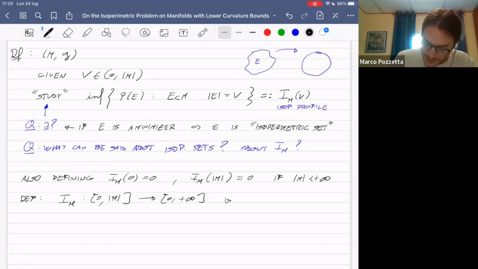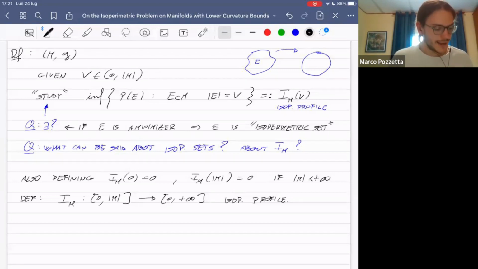This is called the isoperimetric profile, as I said before. All right. So these are the ingredients and the basic questions you may ask about this isoperimetric problem.